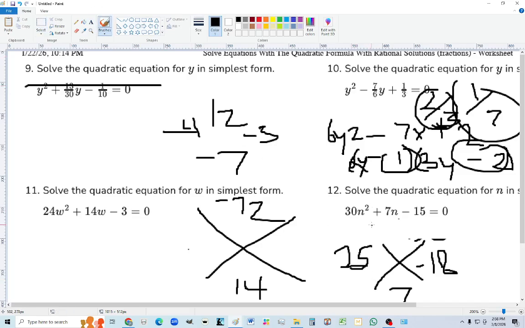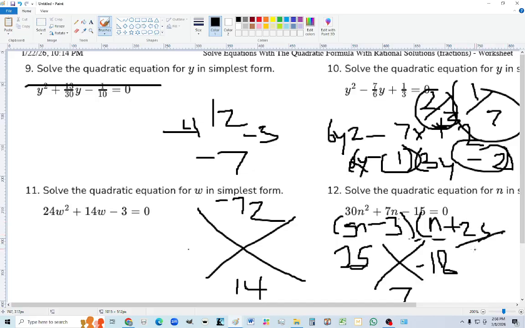Slip and slide method, it would be n minus 18. When I divide it by 30, they're both divisible by 6. This becomes a 3. So now I get 5n minus 3. And the other one, n plus 25.